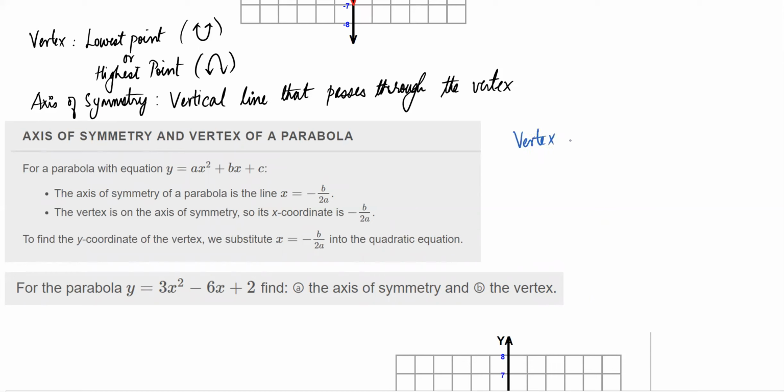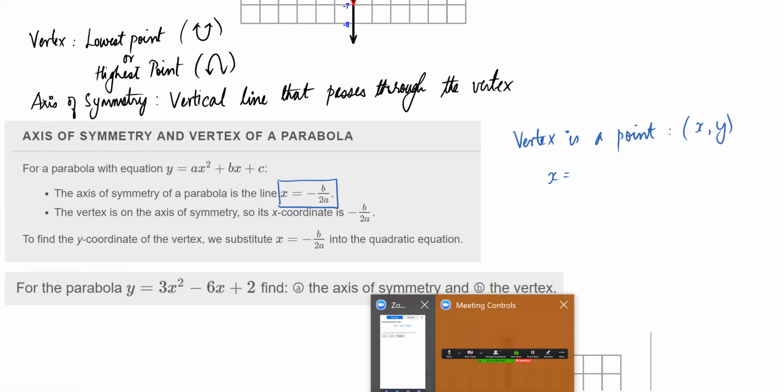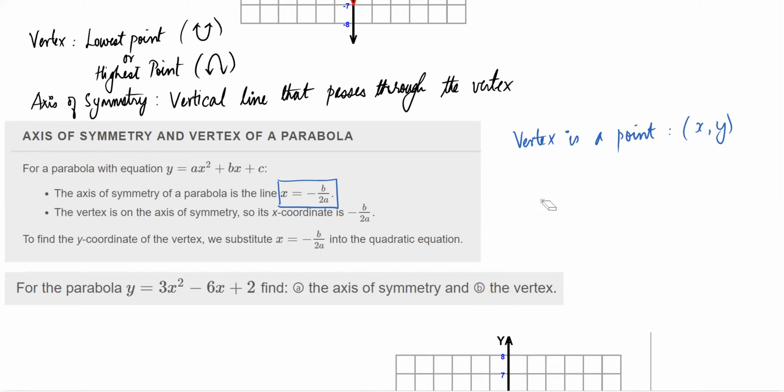We're getting this all algebraically, and that's why, again, it's powerful, okay? So vertex is a point, x comma y, let's say, right? Let me write the x properly. So vertex is a point, x comma y, and we're trying to explain what that x stands for. So x is, or rather I can just box it from here, x is negative b over 2a, and that goes into your y to get your y.